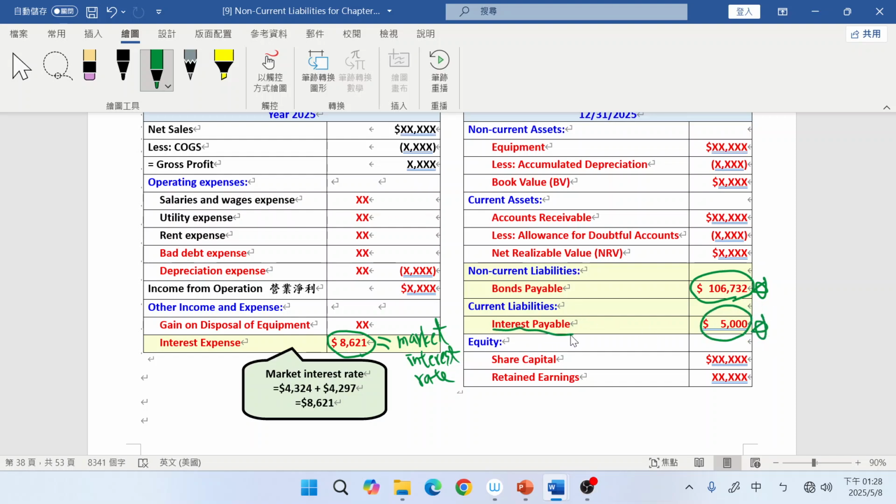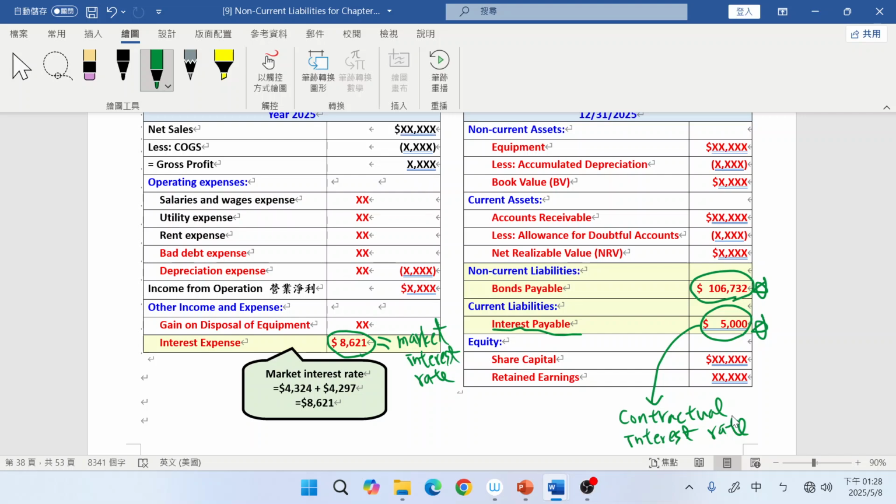Each period, we only pay the contractual interest rate. So the contractual interest rate tells you that you still owe interest of $5,000, okay?